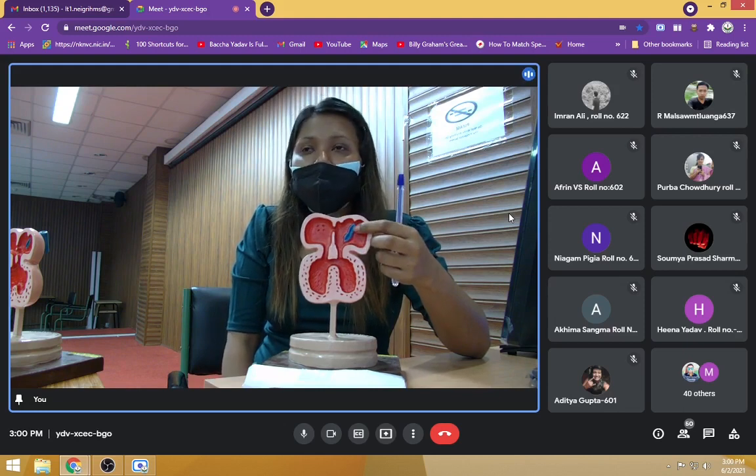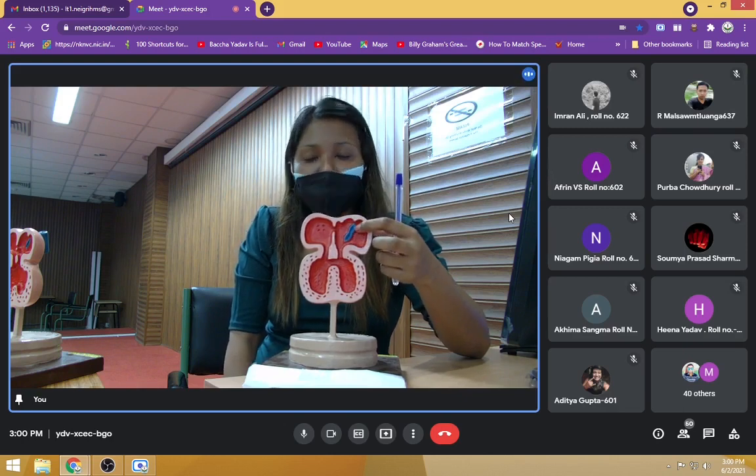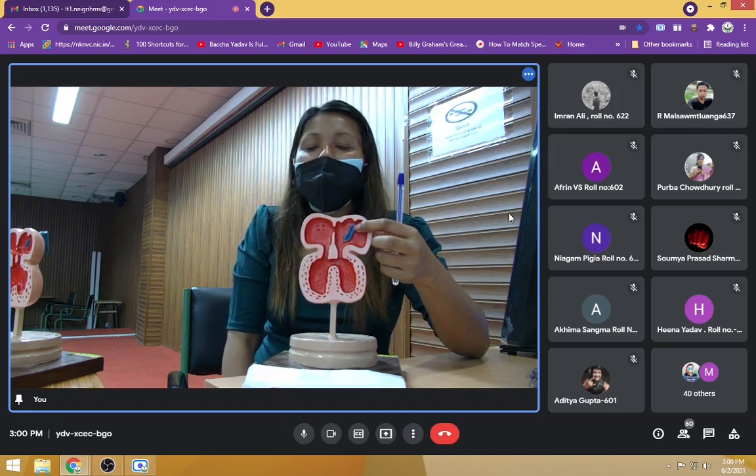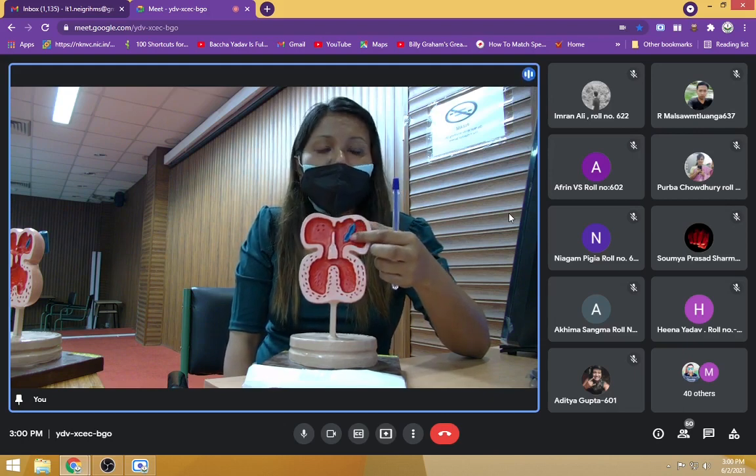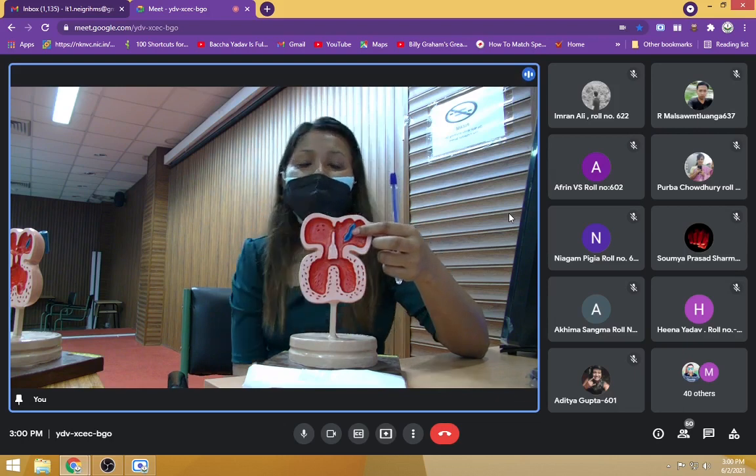Crista terminalis divides the smooth part from the rough part of the right atrium. Crista terminalis is the boundary between the smooth and the rough part of the right atrium. So the fate of the right venous valve is three things. Tell me, what is that?